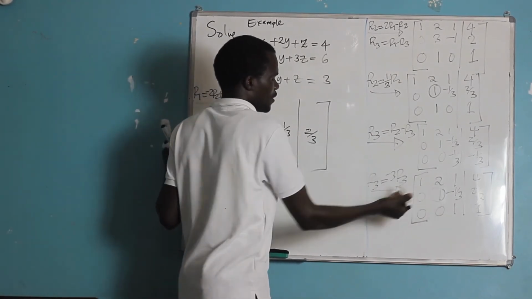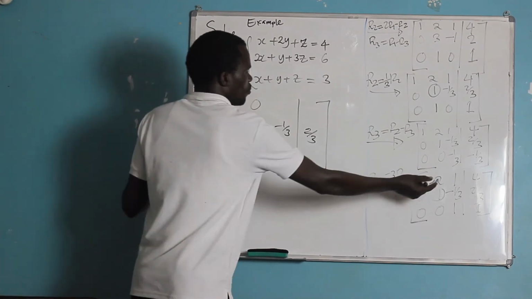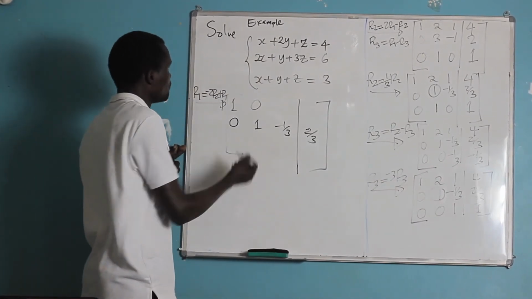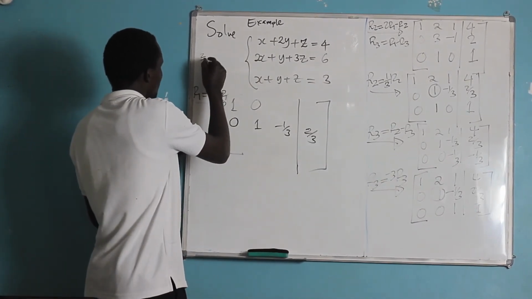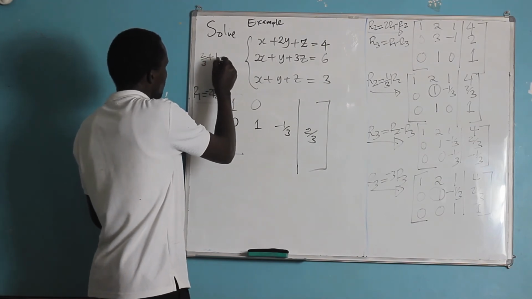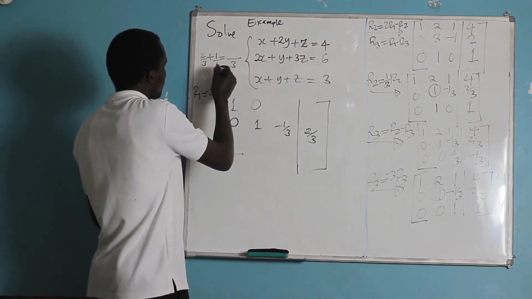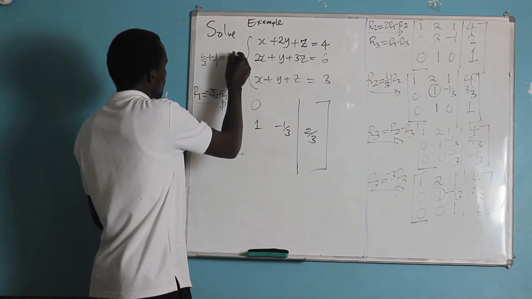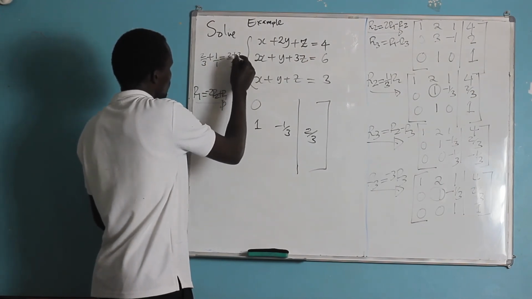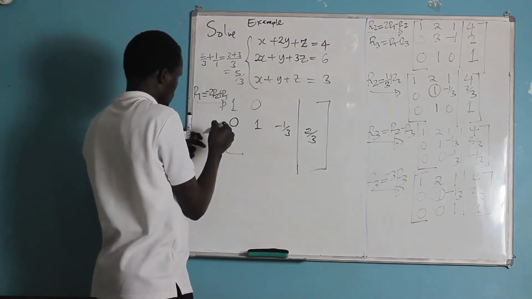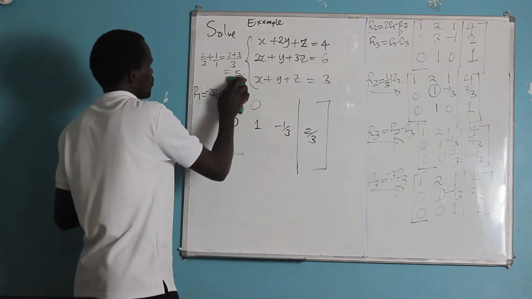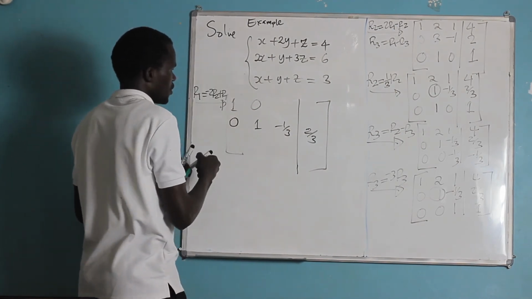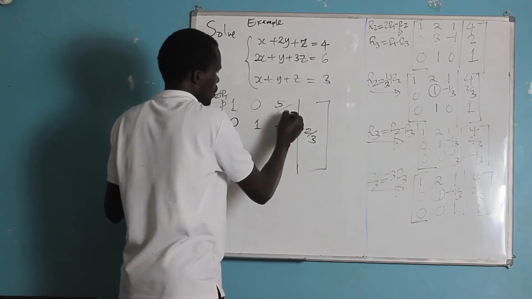Negative 2 times this one will be 2 over 3, plus 1 will be 5 over 3. Okay, so here I get 5 over 3.